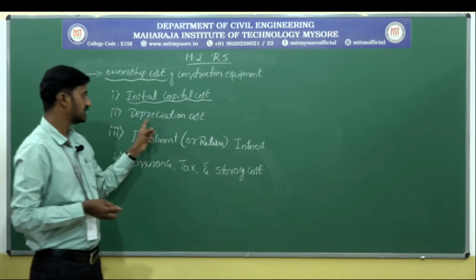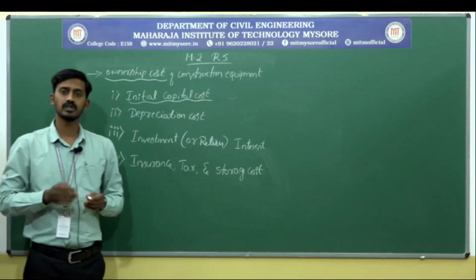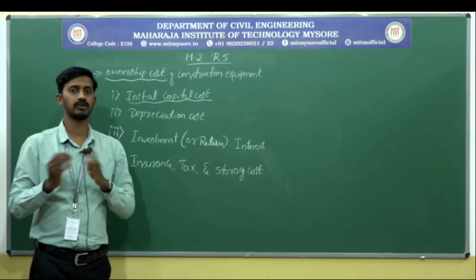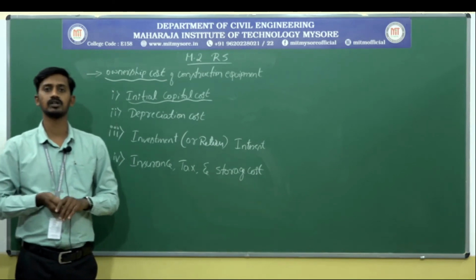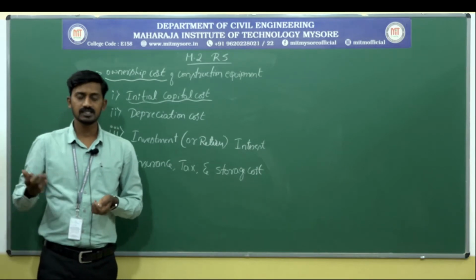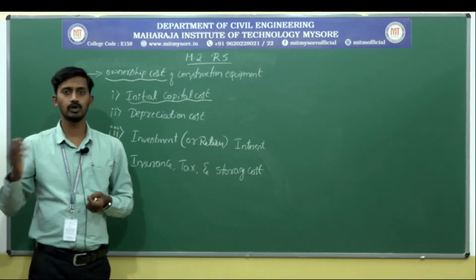And next is depreciation cost. What do you mean by depreciation cost? Once we procure any machinery or equipment from the manufacturing unit or from the showroom, as the years pass, the value of the equipment or the vehicle keeps on reducing.